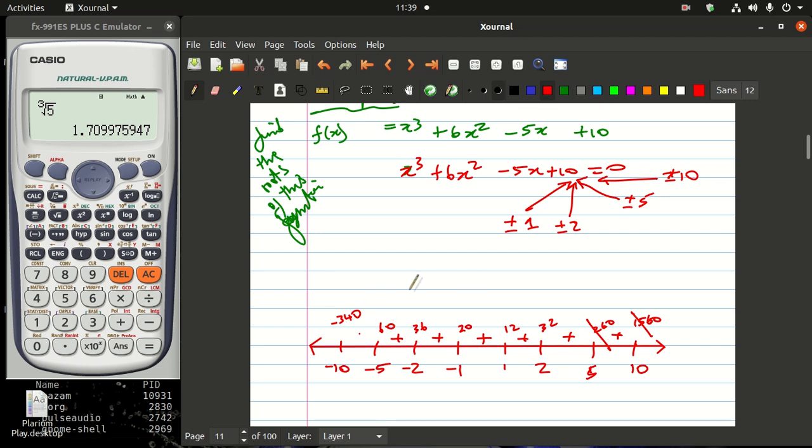So this value C here, which is going to make this equal to 0, is in between minus 10 and minus 5. So whatever that value is going to be, what is important here is that it is in between these two.